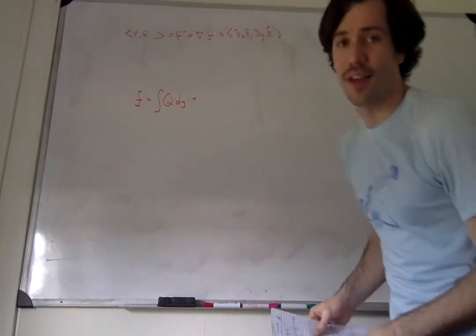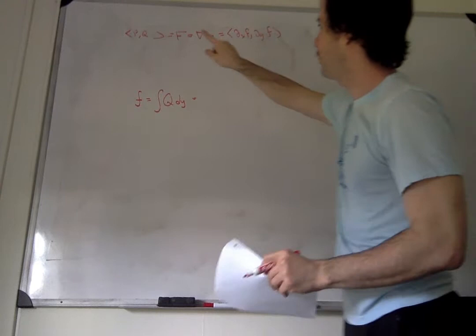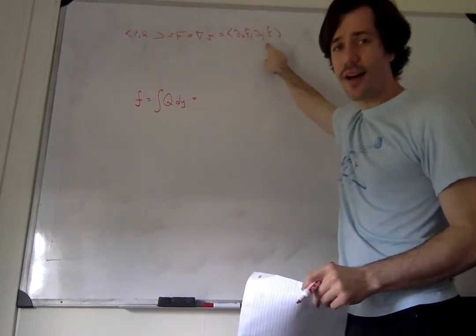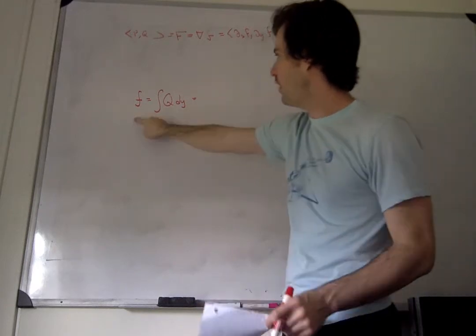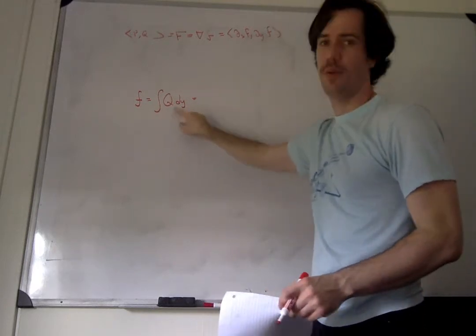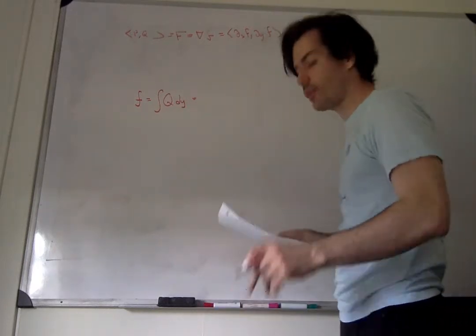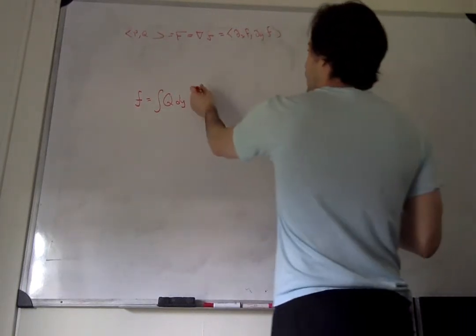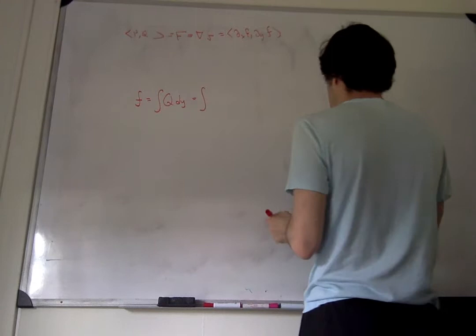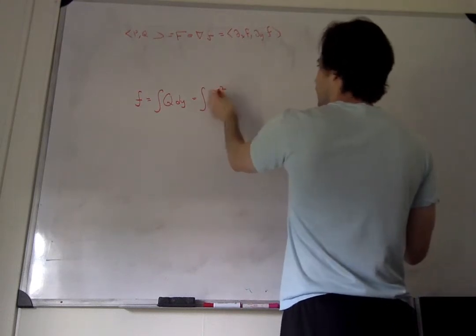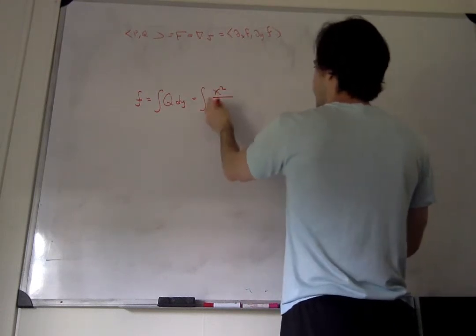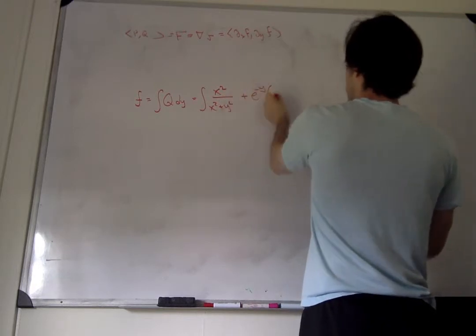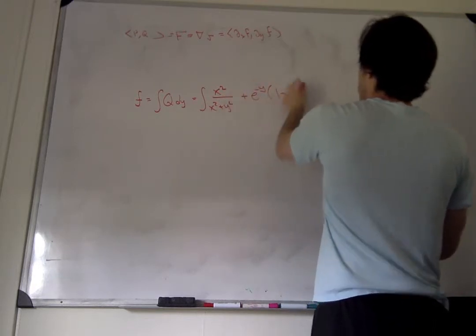That's what I'm trying to say. So if q is equal to del y of f, then f is going to equal the integral of q with respect to y. So recall, or look at your paper, that q is x squared plus y squared plus e to the y, 1 minus y dy.